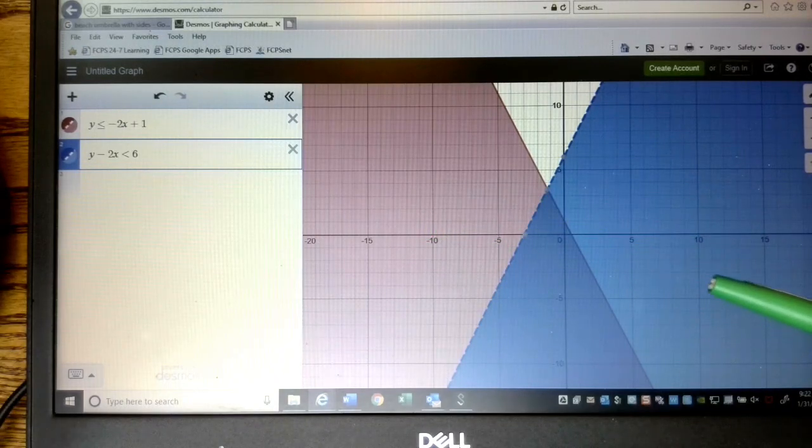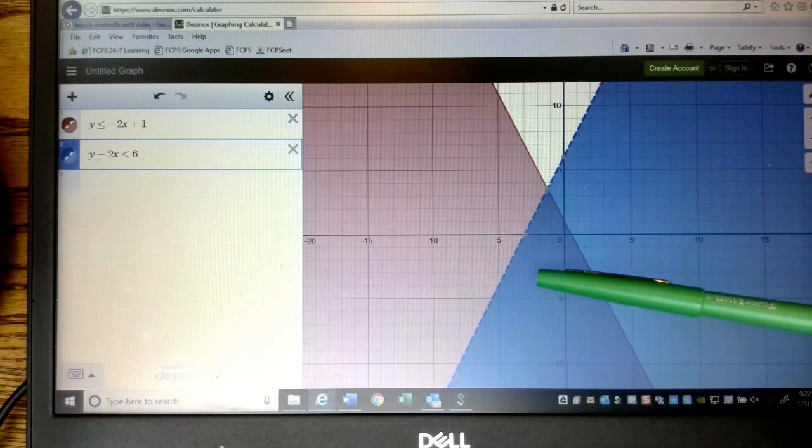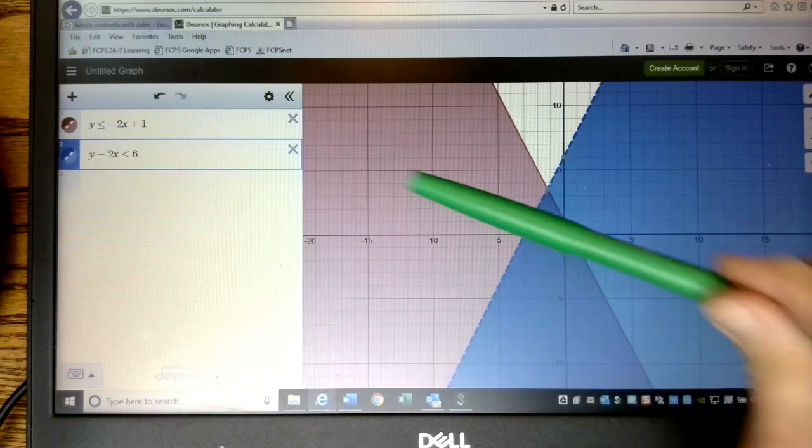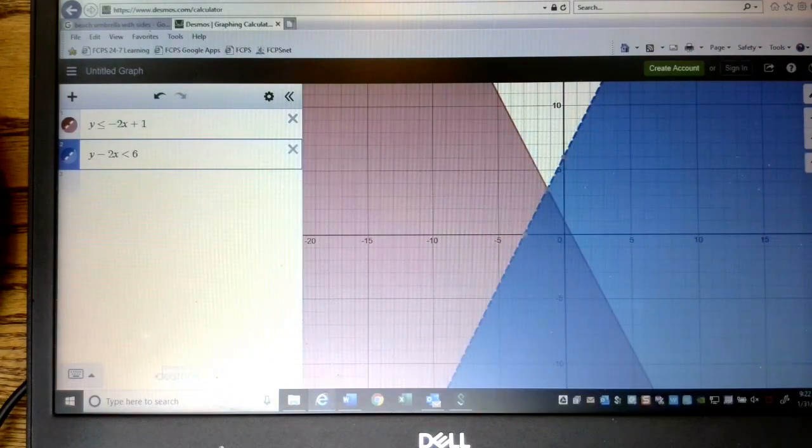When we type in over negative 1 and down 4, sure enough. So by typing both of these equations as is into Desmos, we get a quick and easy picture. Don't forget, you have Desmos available to you for the entire SOL and for this next test you're taking.